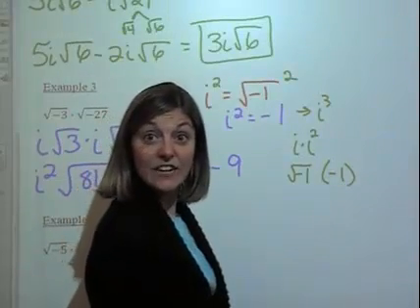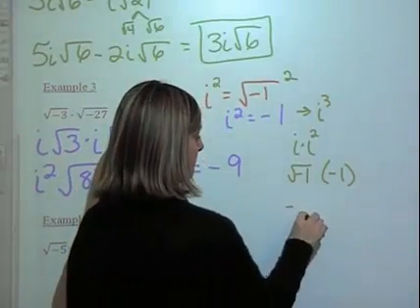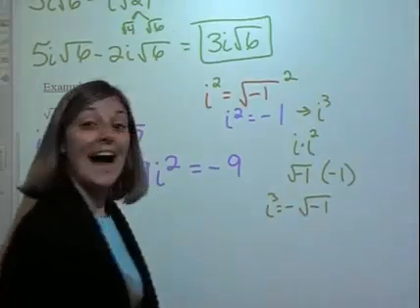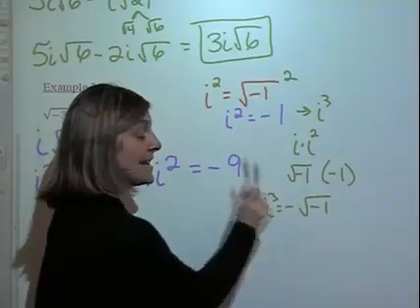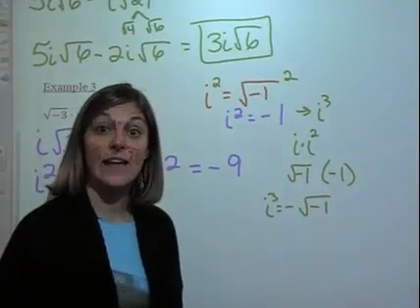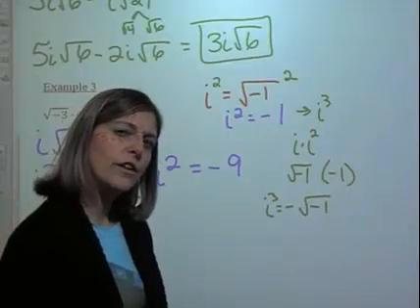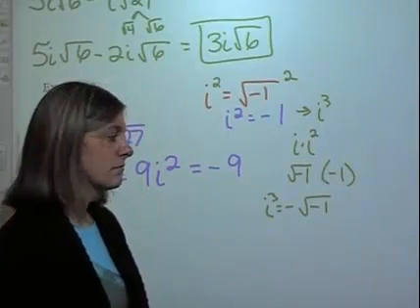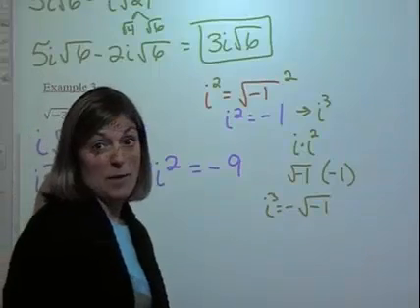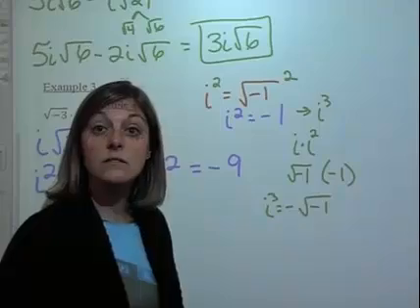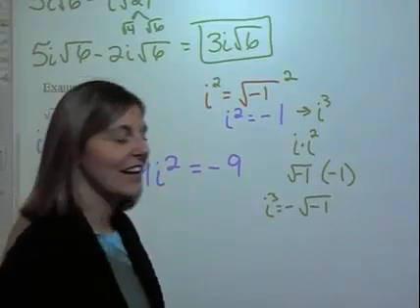So wouldn't that be negative square root of -1? So i cubed is negative square root of -1. What do you think i to the 4th is? How about i to the 5th? What about i to the 6th? We'll talk about that later.